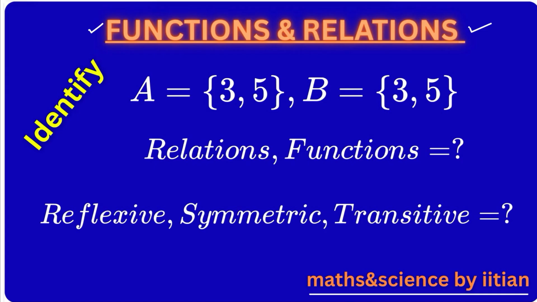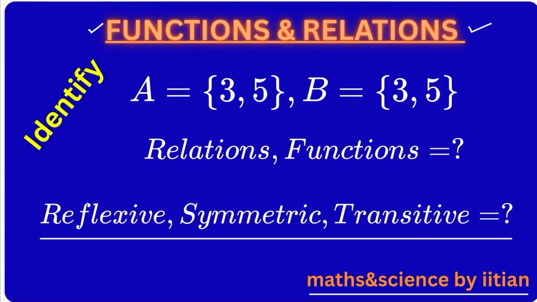Now, we will extend our study to different types of relations, which are reflexive relations, symmetric relations and transitive relations. We will define these and identify them with an example.